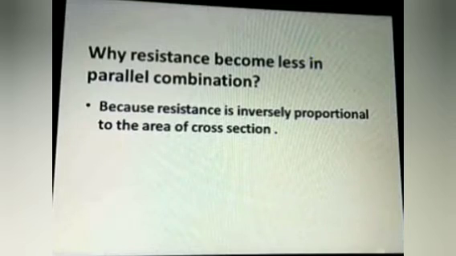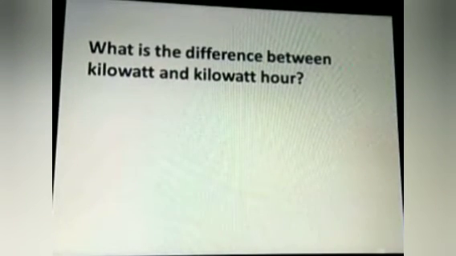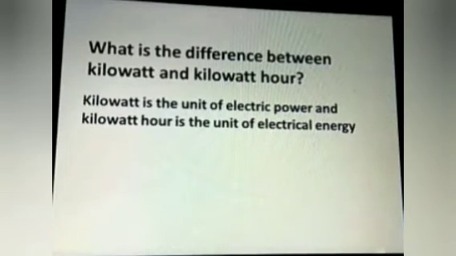Because resistance is inversely proportional to the area of cross section. What is the difference between kilowatt and kilowatt hour? Here, kilowatt is the unit of electric power and kilowatt hour is the unit of electrical energy.